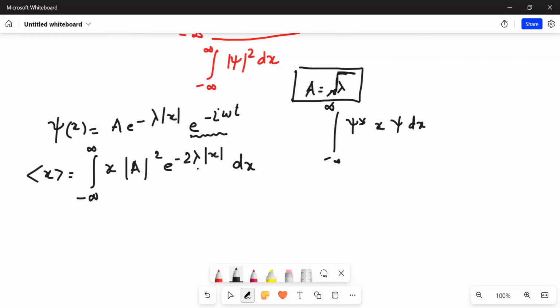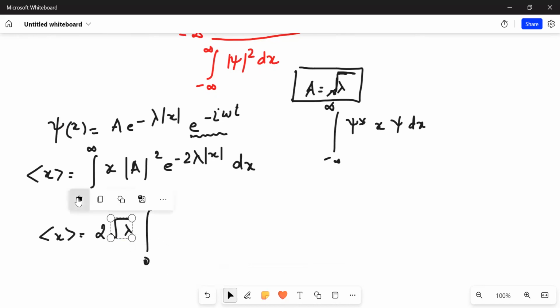So you are only left with the space dependent function.